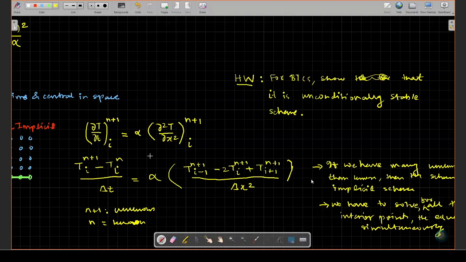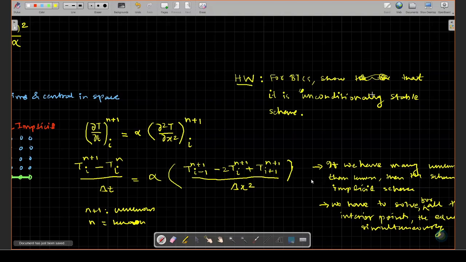Then put the condition that the magnitude of the amplitude ratio should be less than or equal to 1, and under that condition you have to see that there is no condition on this particular scheme.